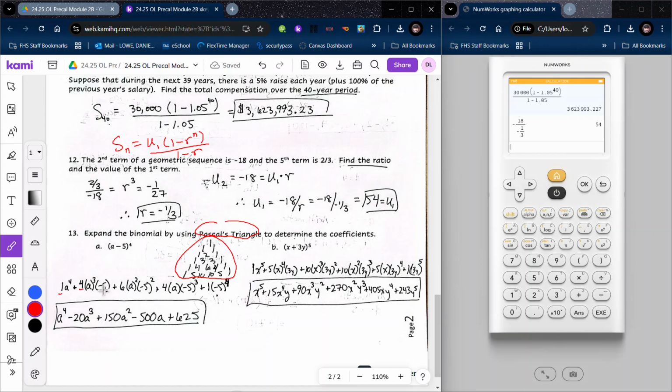My next coefficient is 4, then 6, then 4, then 1. If I have something raised to the fifth power, coefficient 1, 5, 10, 10 again, 5, and 1. There is a very nice symmetry to it.